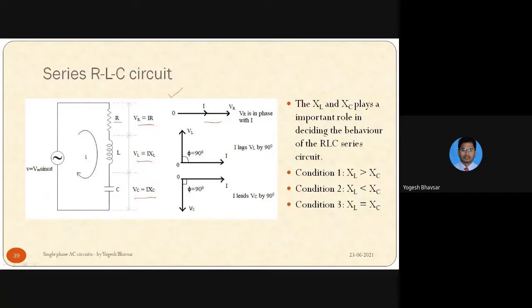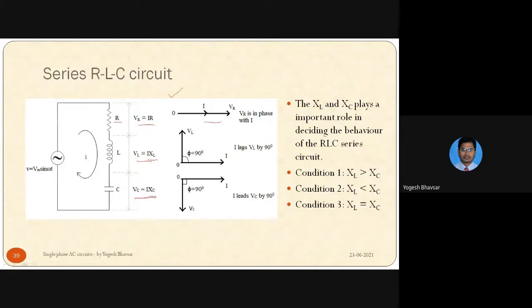For pure inductance, the current is lagging by 90 degrees to the voltage. So they are exactly perpendicular to each other, and the angle between them is 90 degrees, with current on the reference or horizontal axis.